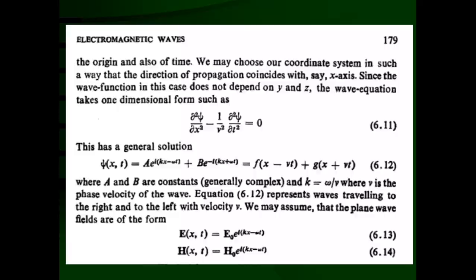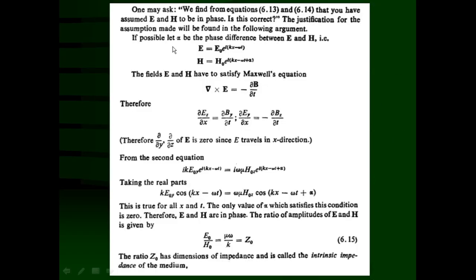How have we taken this in these equations? For that, we can give the justification from here. Let us introduce that there is a phase difference between the electric field and magnetic field. They are not oscillating in the same phase, but with a slight phase difference of alpha. So these equations can be represented like this.